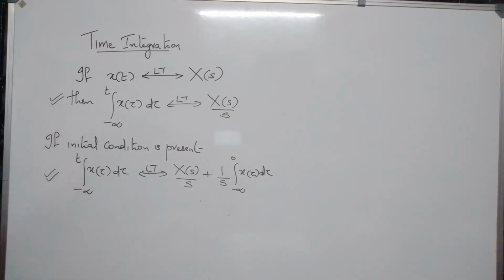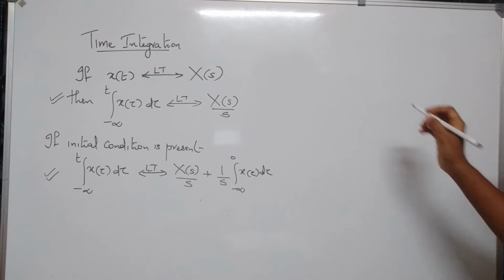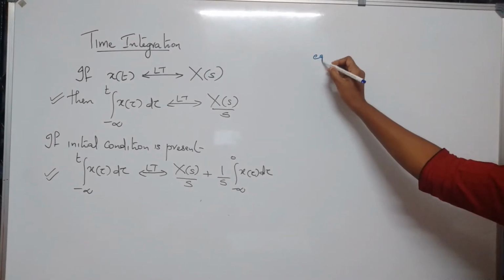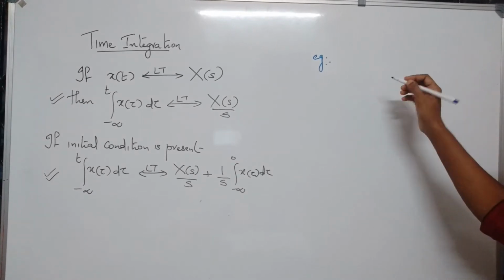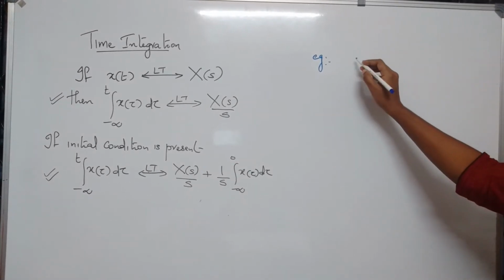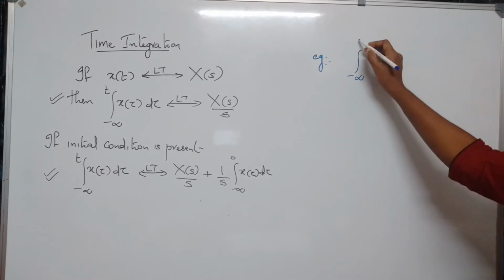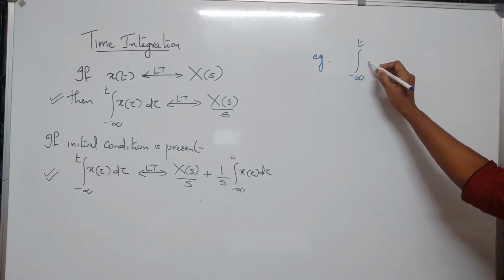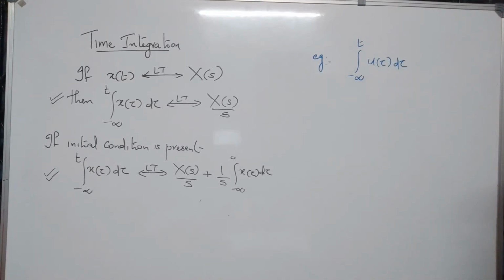Now let's see an example. Suppose we are asked to find Laplace transform of integral from minus infinity to t of u of tau d tau.